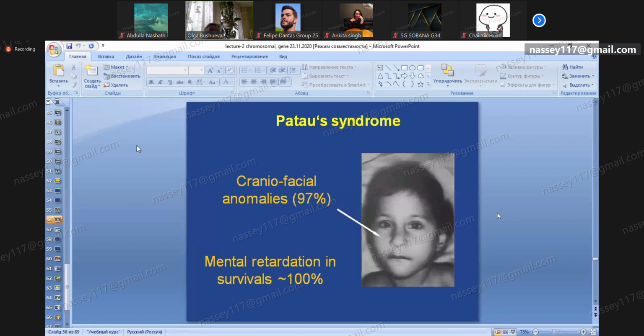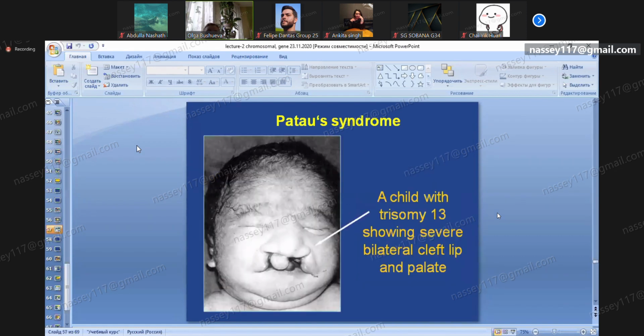Craniofacial abnormalities we can see in around 95 or 97% of cases. Mental retardation 100%. On this page, you can see a child with trisomy 13 showing severe bilateral cleft lip and palate.